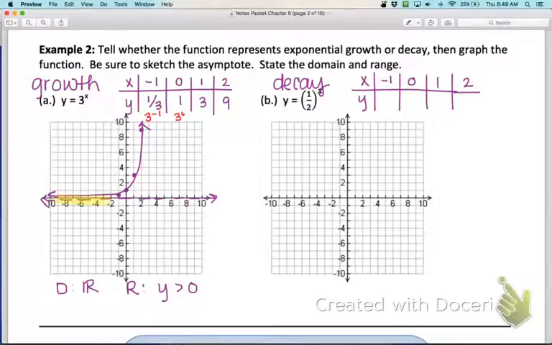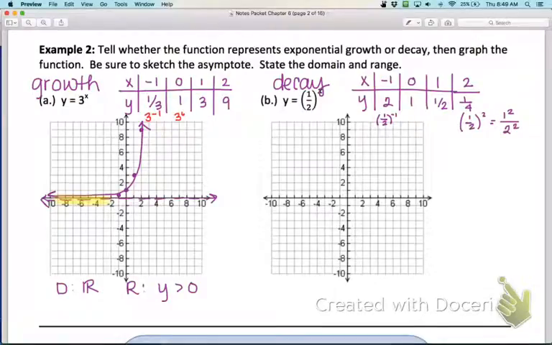So 1/2 to the -1 power makes it 2/1. 1/2 to the 0 is 1, 1/2 to the first is 1/2, and 1/2 to the second power. Remember that when we square a fraction, that means we do 1 squared over 2 squared. So that's just 1 over 4.